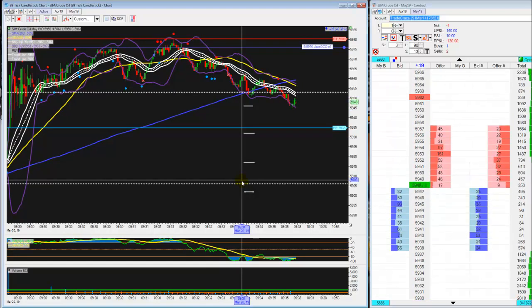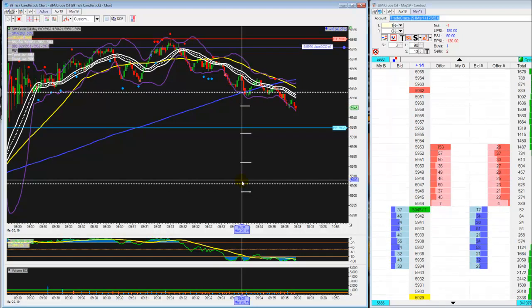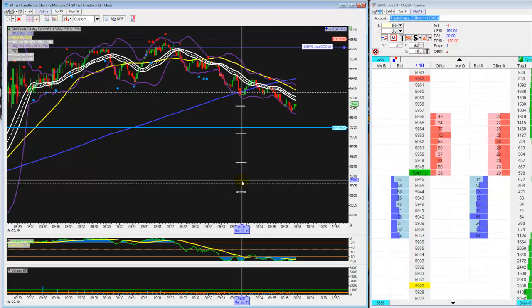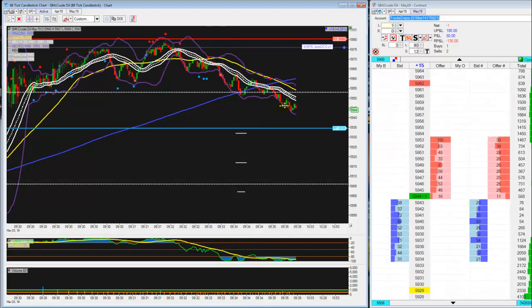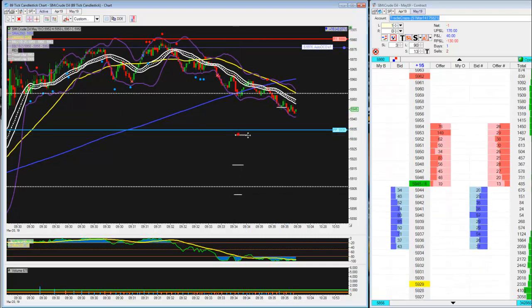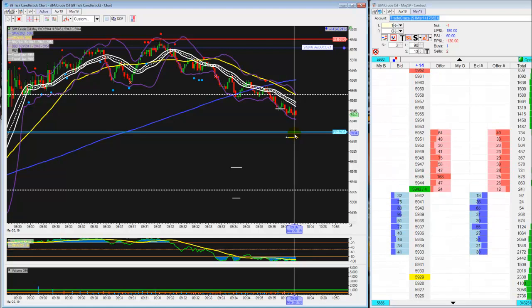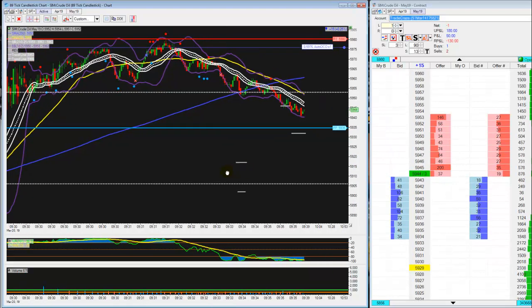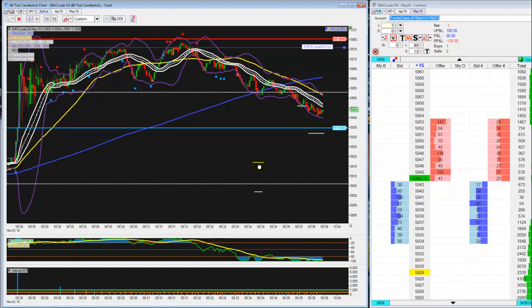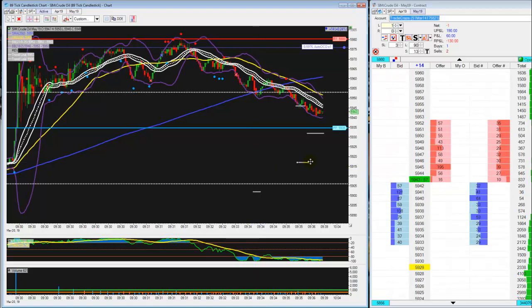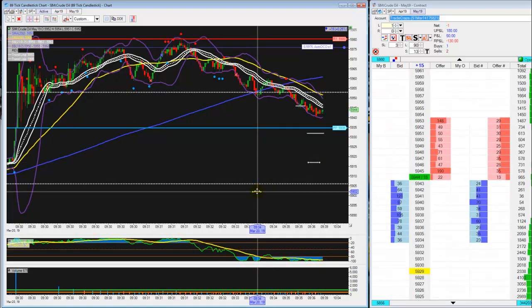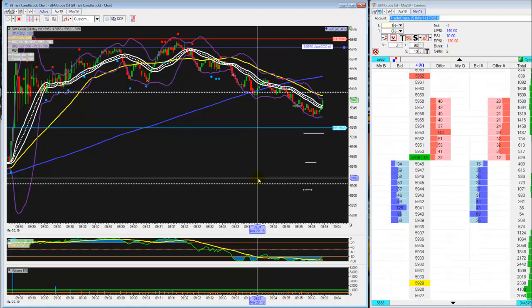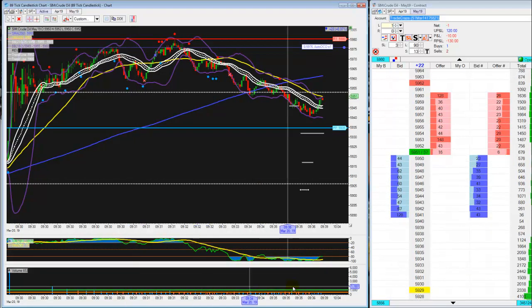Okay, we reached 1P target so far, not moving. Watching for a high red bar volume.